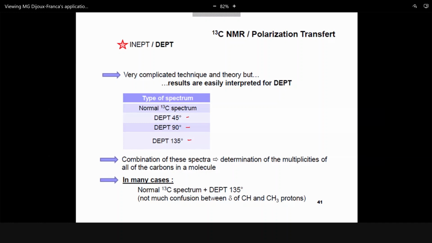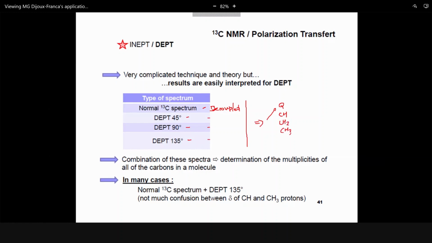In practice, we used to combine the normal carbon-13 decoupled spectrum with the other experiments to have the most information that I can get. Especially, I want to know if I have quaternary carbon, CH, CH2, or CH3.